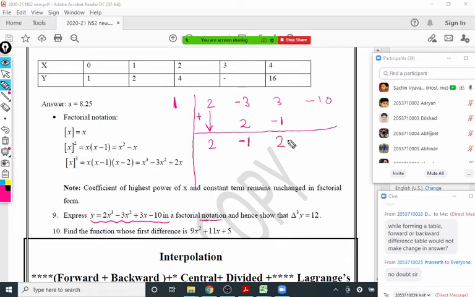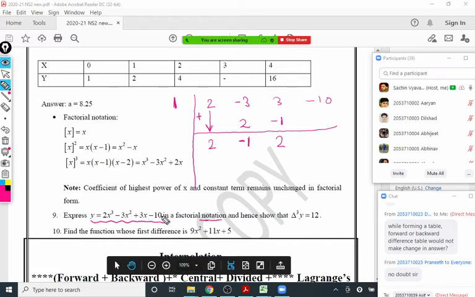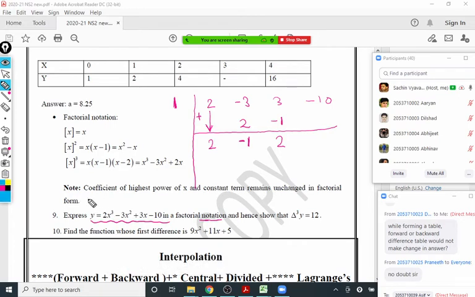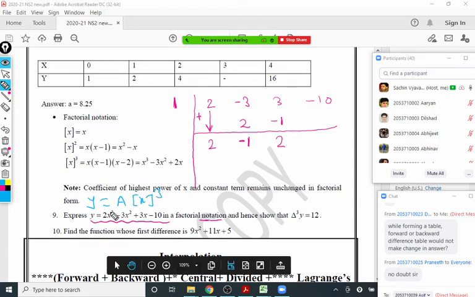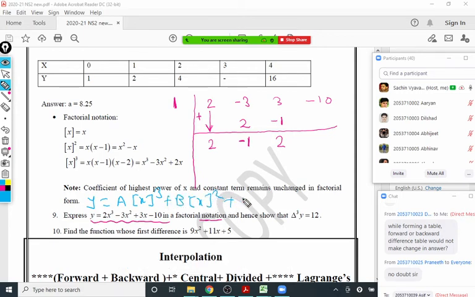Now before that, I will say this is a cubic polynomial and we want its factorial form. So the answer should be like this: y equals a third factorial of x, because x cube is there, plus b second factorial of x, plus c first factorial of x, and plus d.